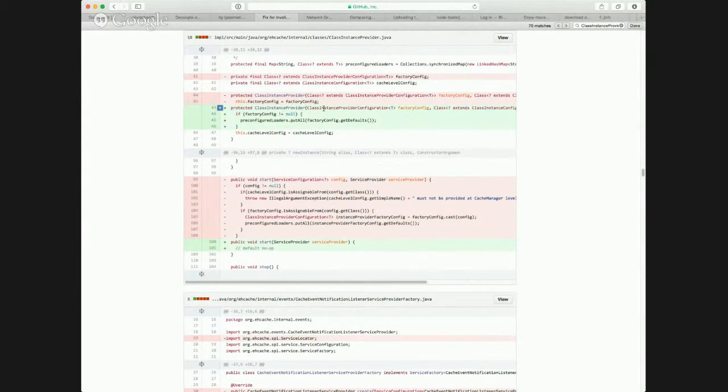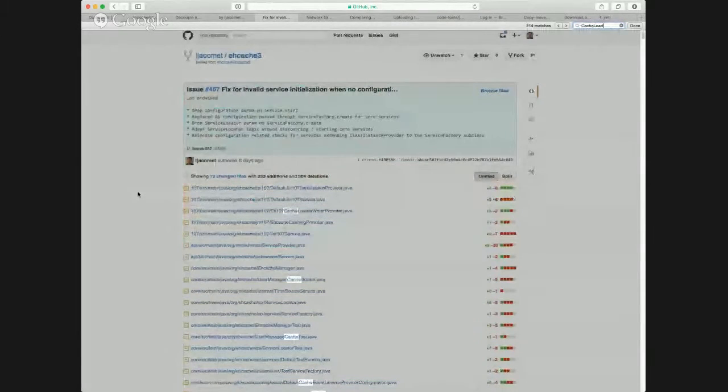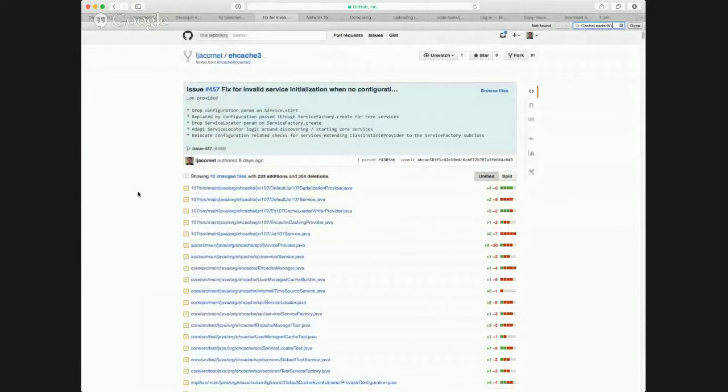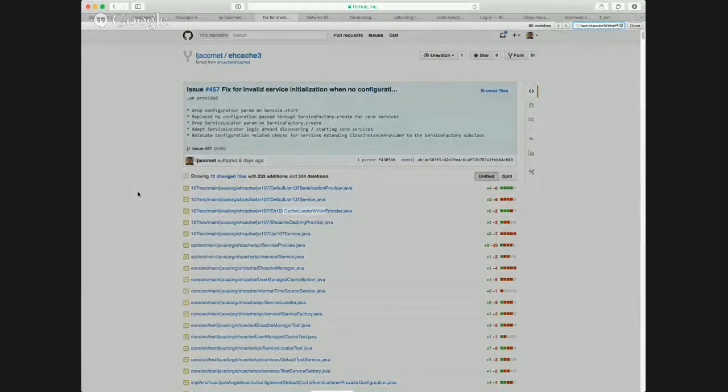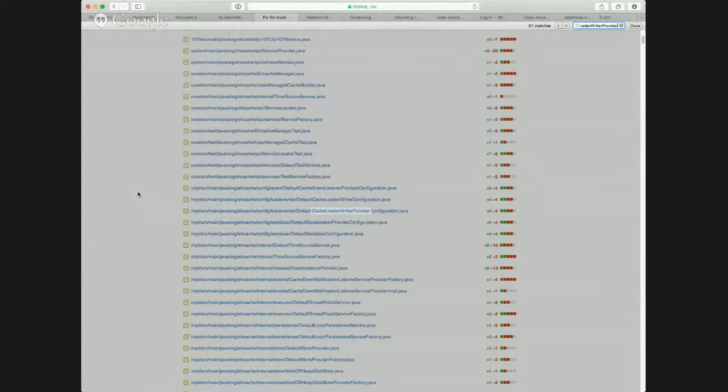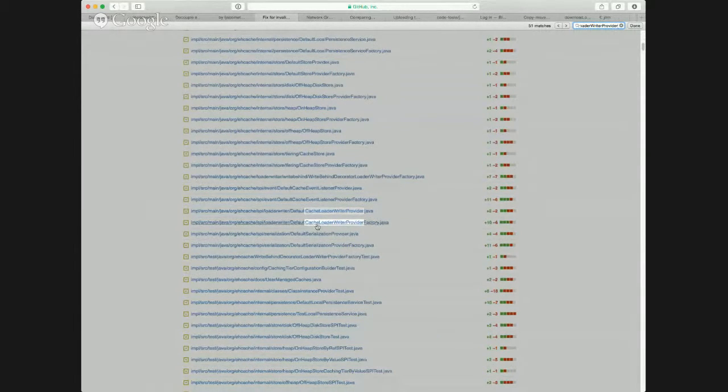And here the change is that instead of taking the class of the top level config, you just get the top level config directly through the constructor. And it's true that then the factory gains some responsibility. So if I go to cache loader writer provider, oh, he wants the config.